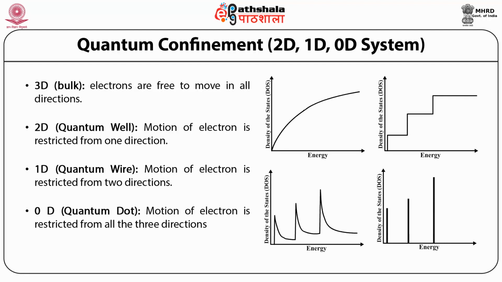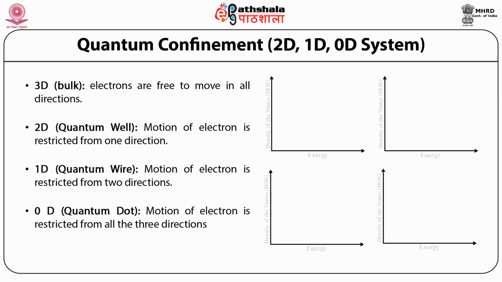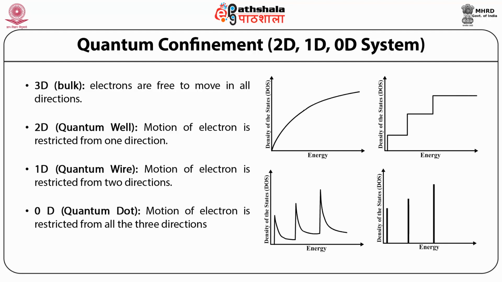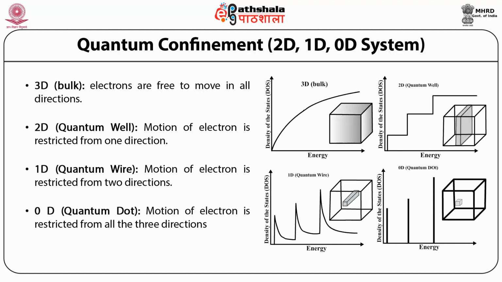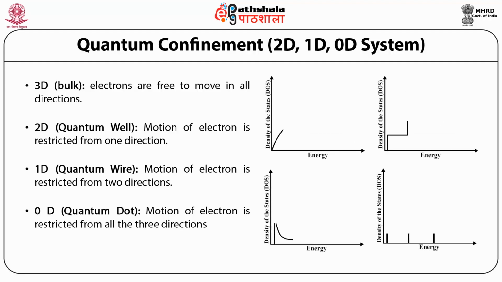If the motion of the electron is confined from two directions, x and z, and it is allowed to move freely along only one direction, y, then this kind of material is known as 1D or a quantum wire. The density of states in this case looks like spikes with narrow broadening, as one can see in the figure.